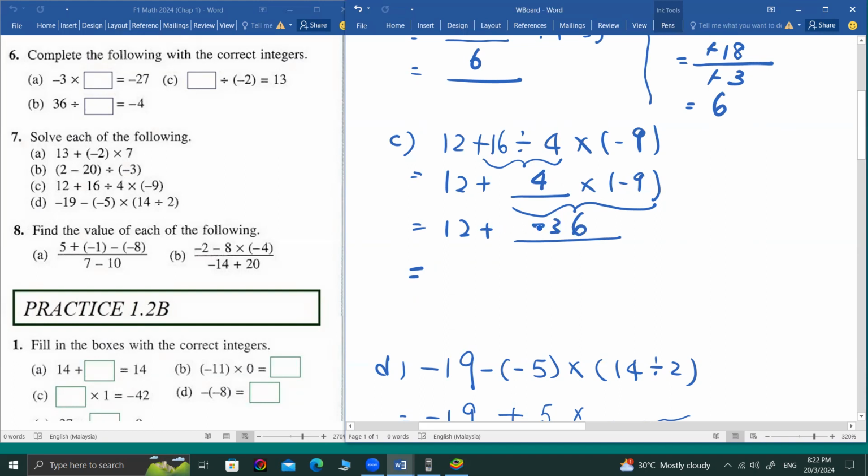Just like I said, once these two meet, you change: positive, negative will be negative. So 12 minus 36, you get negative 24.